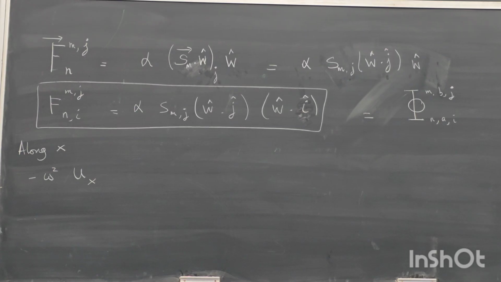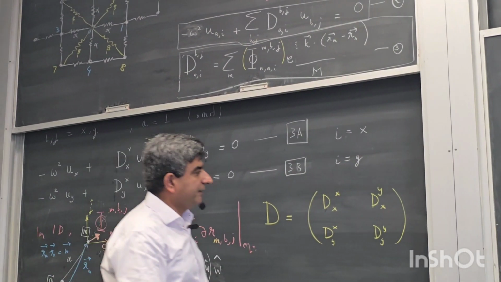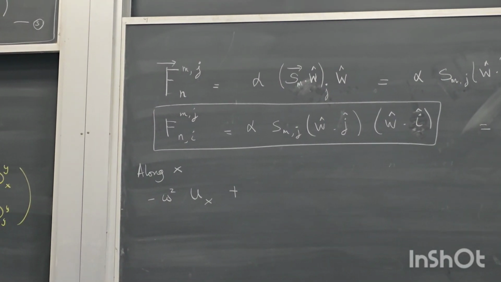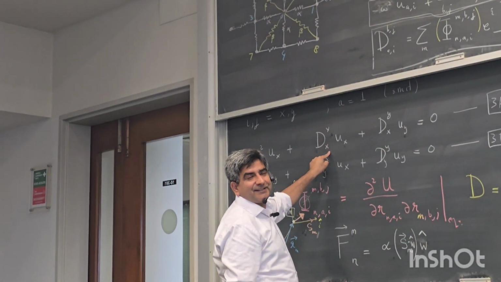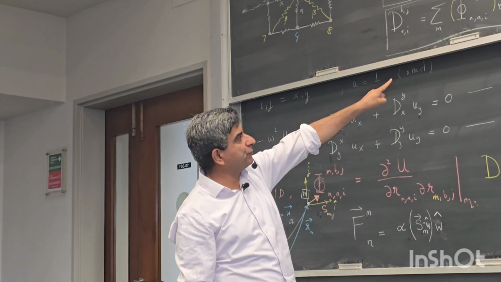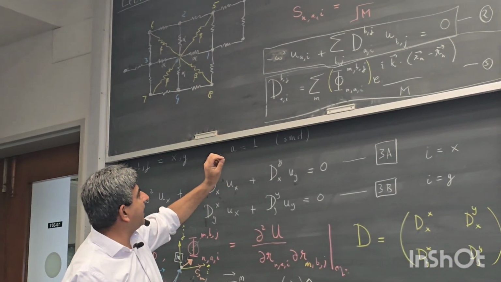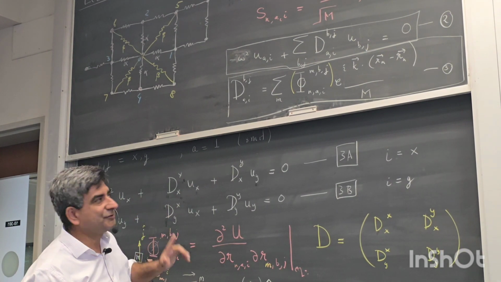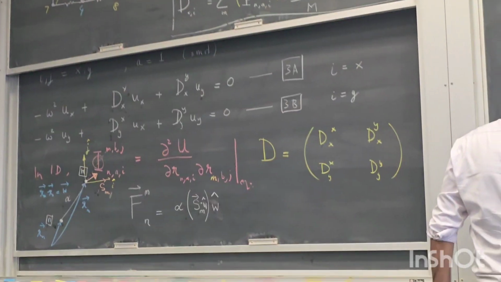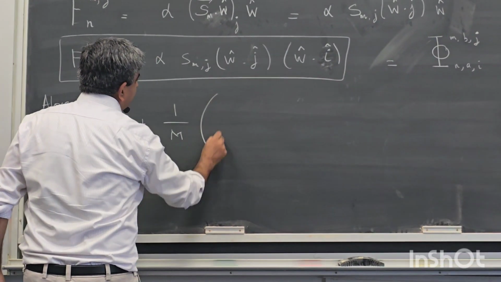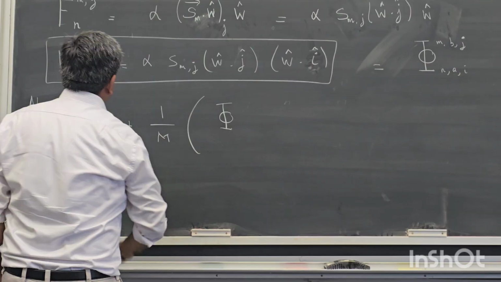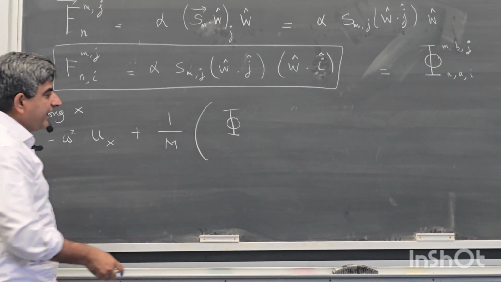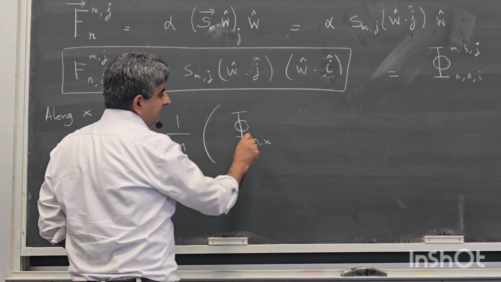Now I'm going to write down equation number 3a plus, I need dxx. Now dxx is given by equation number 3. I need to put in i equals x, j equals x in equation number 3. So I will get 1 over m phi. Now I'm talking about atom number 0 here. So phi 0x.